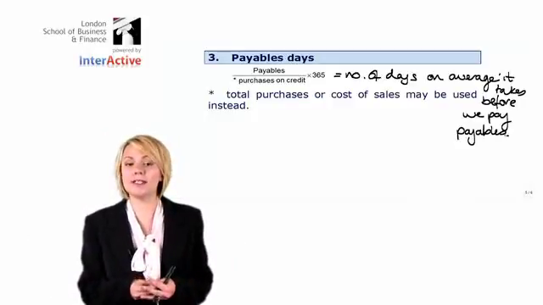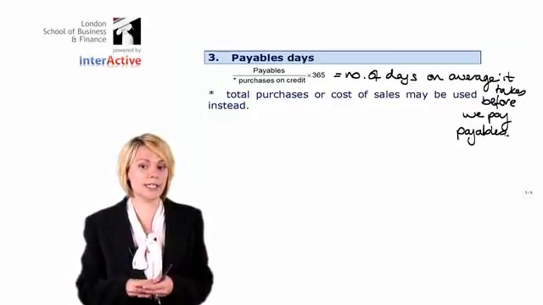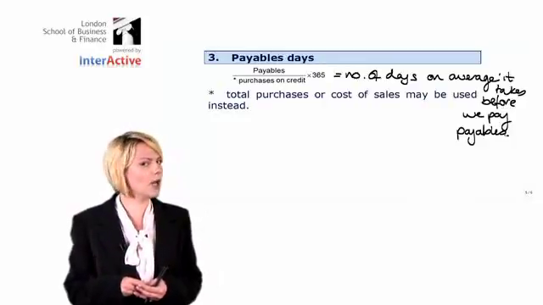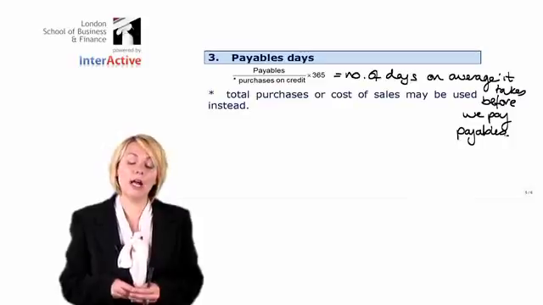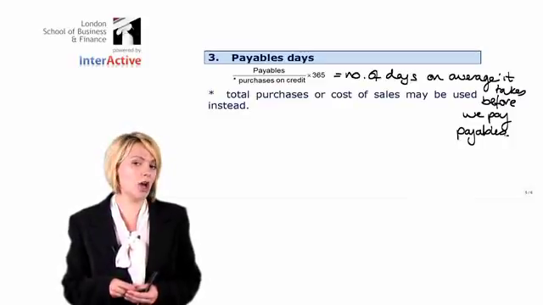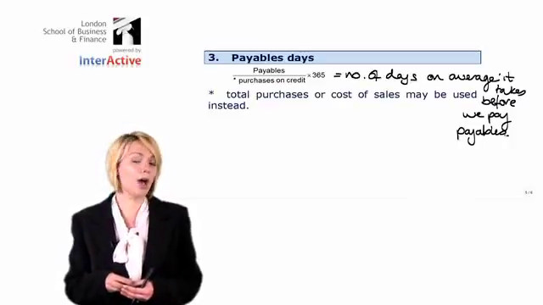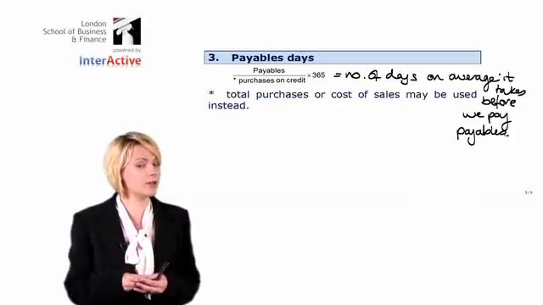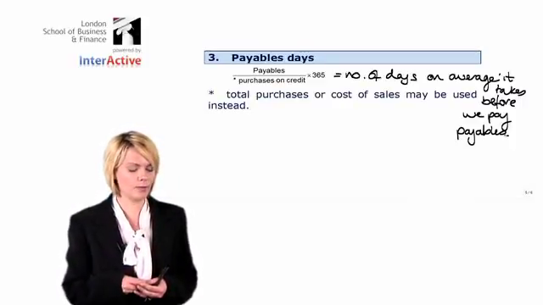And for that, what we do is we take our payables on our statement of financial position and divide it by our credit purchases. Now, if you haven't been given credit purchases in the exam, purchases as an expense would be fine, or even cost of sales if you don't have that.